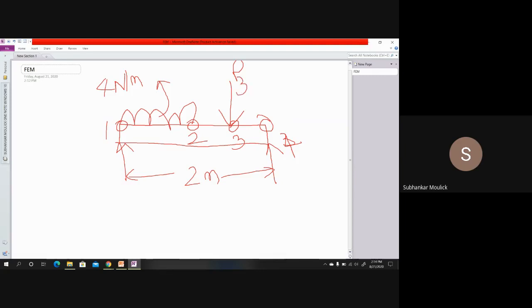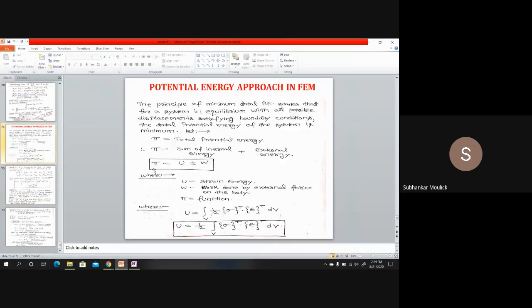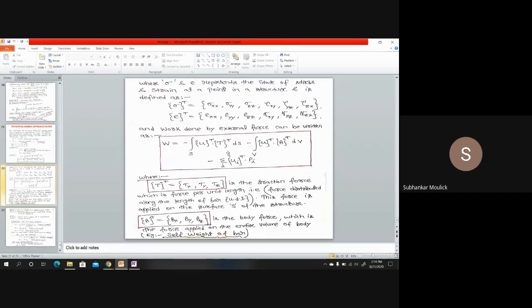then for this particular problem, how can I define my potential? I can write this potential as pi. Pi is equal to strain energy minus W, and that W is work done due to all external forces. I told you that first term is work done due to traction force, that means that force which you apply on the surface of the body.